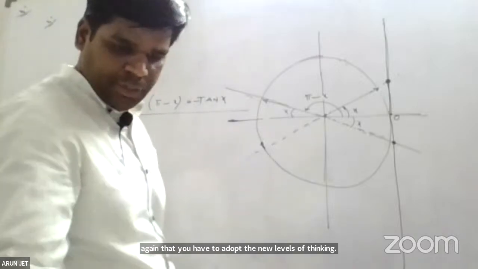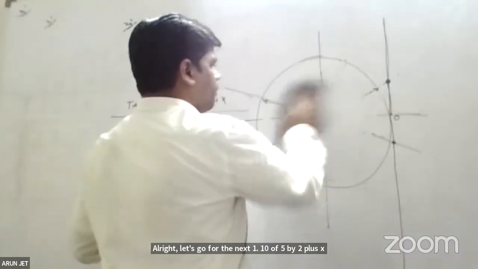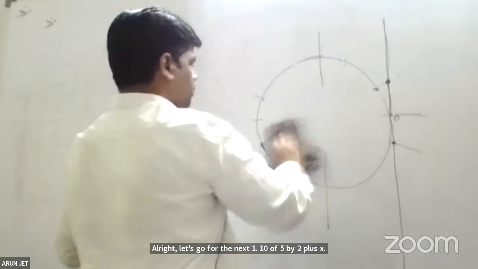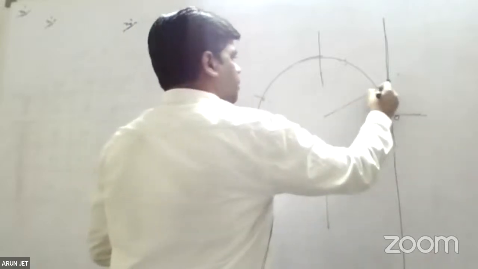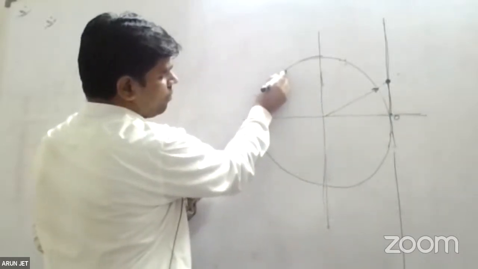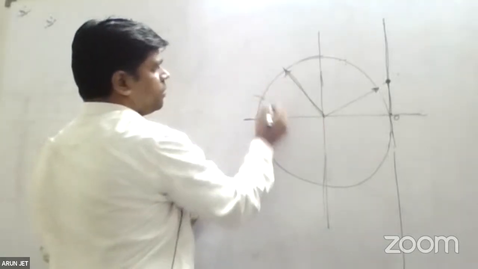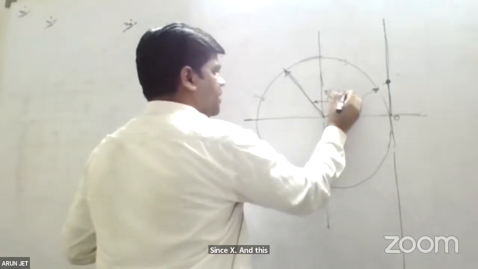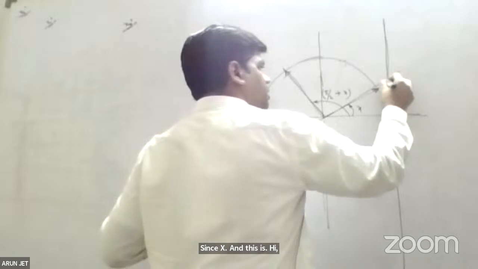All right, let's go for the next one. Tan of pi by 2 plus x. This is x, and this is pi by 2 plus x. Now tan of x is this dot.